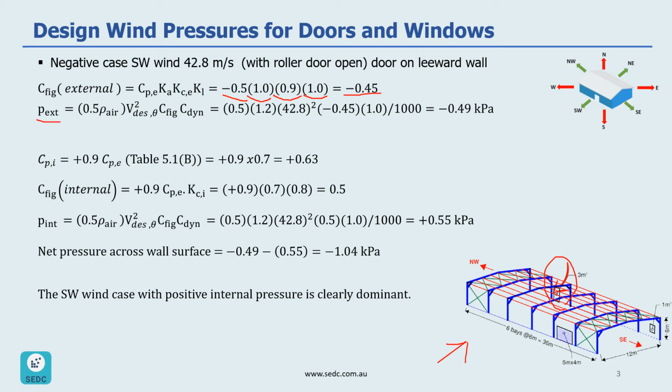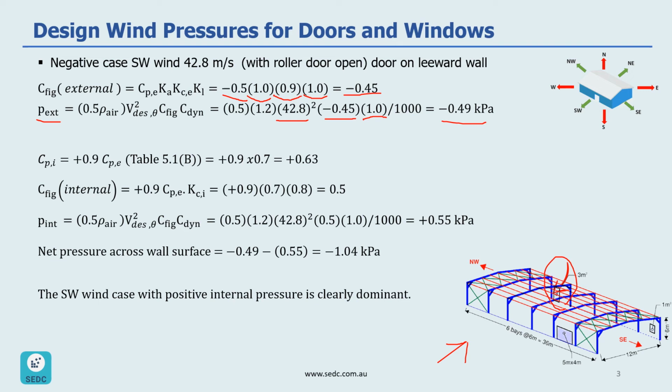Now we can calculate external wind pressure with design wind speed of 42.8 for southwest wind direction and this Cfig that we calculated now and 1 for C dynamic. So the value would be negative 0.49 kPa. Now let's look at our internal wind pressure.